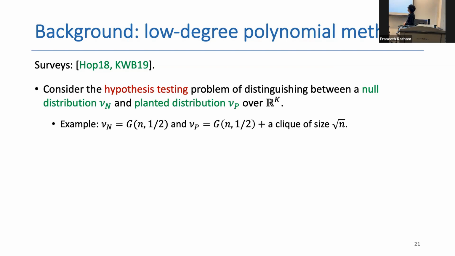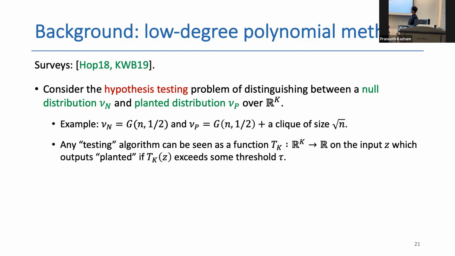We call the second distribution the planted distribution because we plant something in the distribution, like in this case, a large clique in a random graph. I use this example also because the low degree hardness framework arises from studying the planted clique problem.